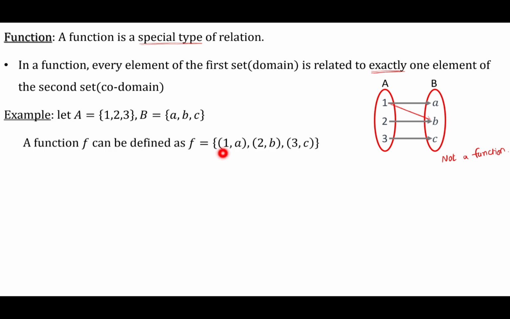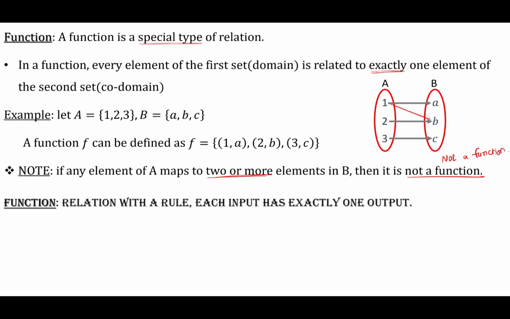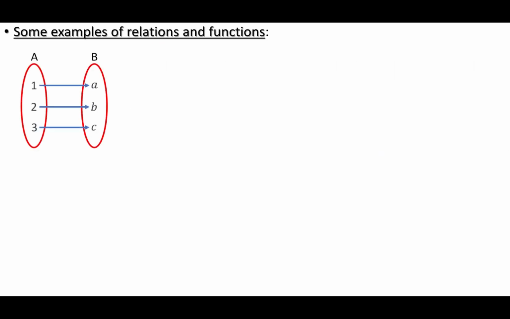So a function is related with exactly one element of set B. If any element of set A maps to two or more elements, then it is not a function. In general, a function is a relation with a rule: each input has exactly one output. That's all about functions.